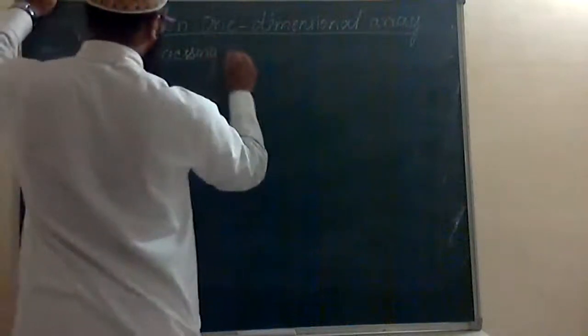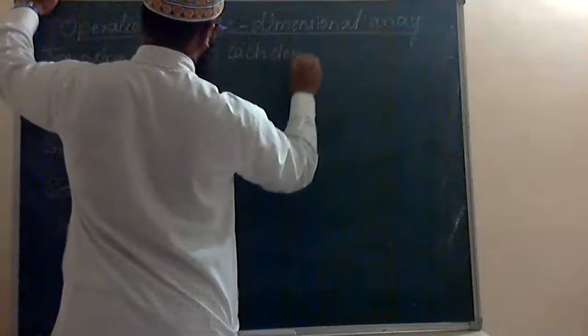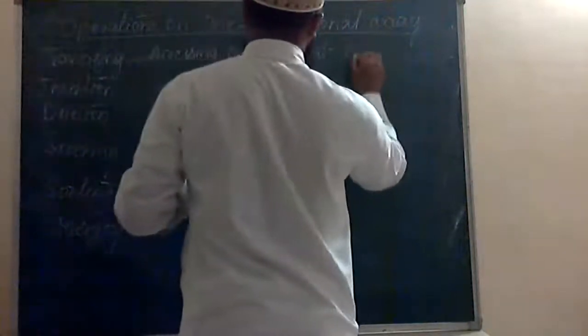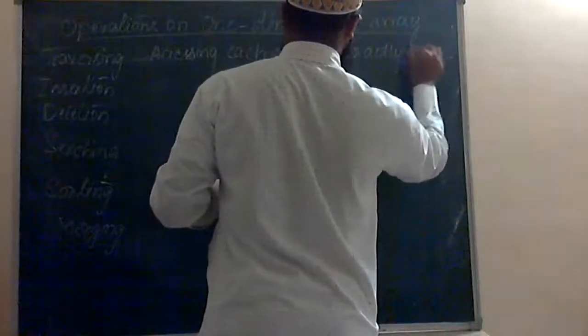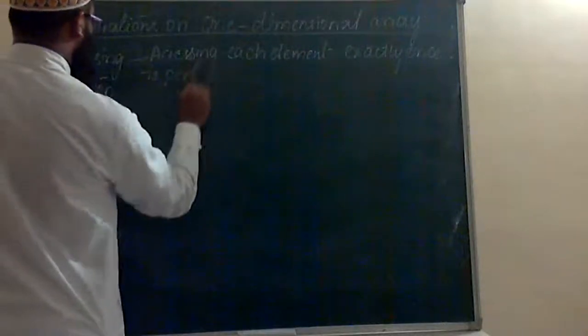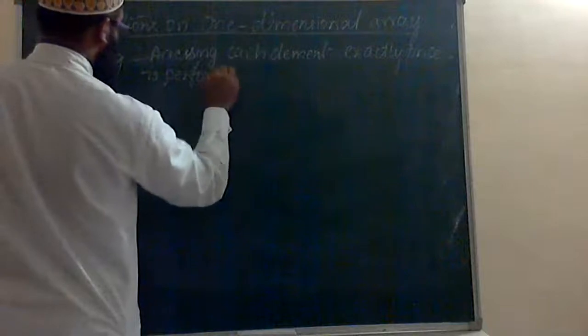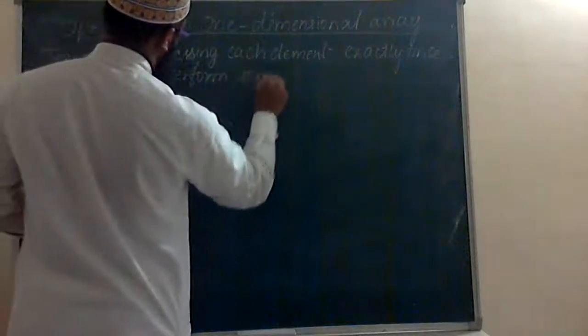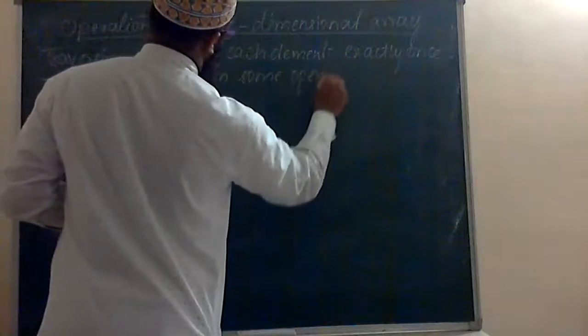Traversing: accessing each data item exactly once to perform some operation is called traversing.